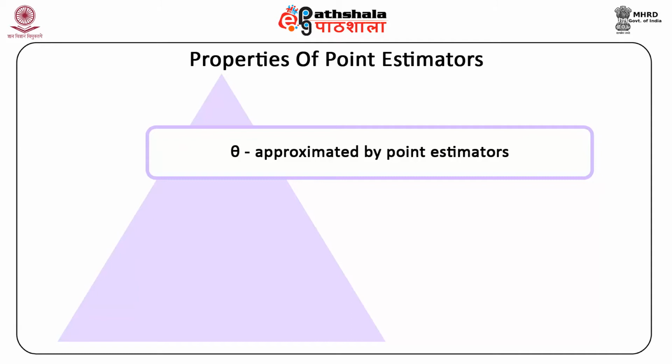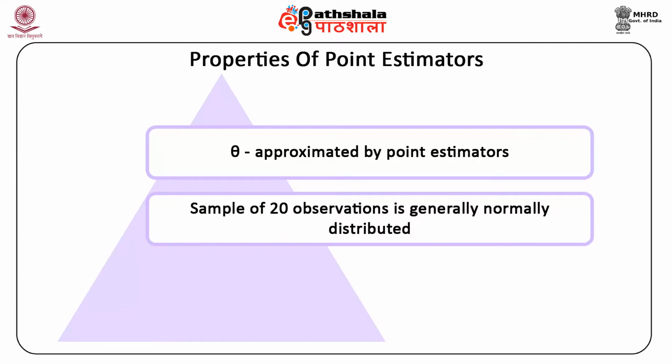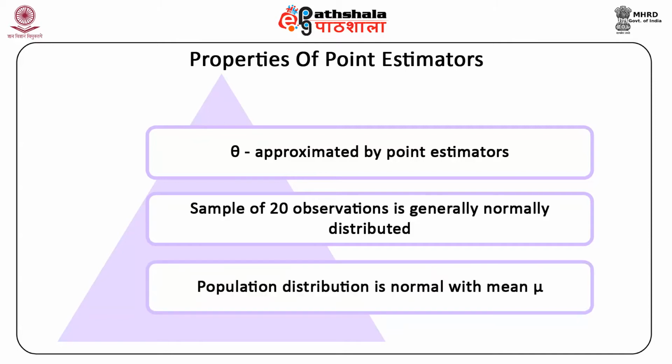For example, a plot of a sample of around 20 observations is generally normally distributed. Hence, it is assumed that the population distribution is normal with a mean equal to mu.